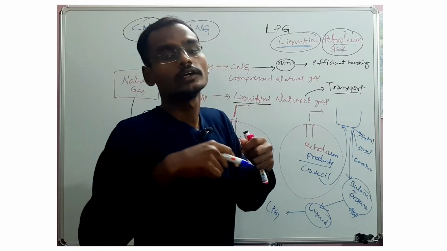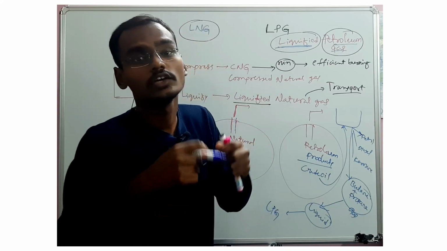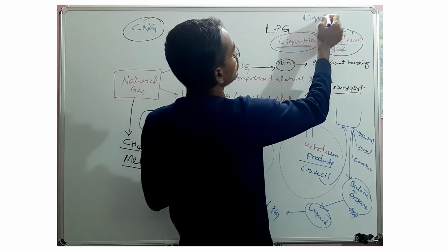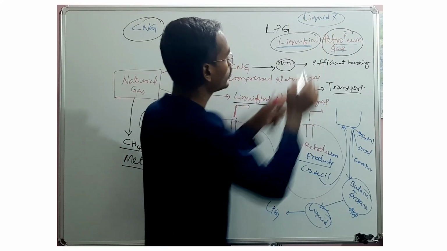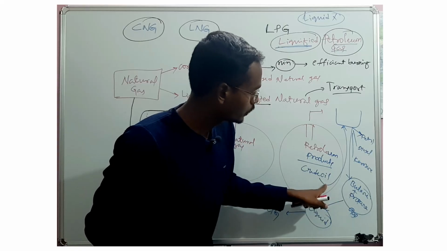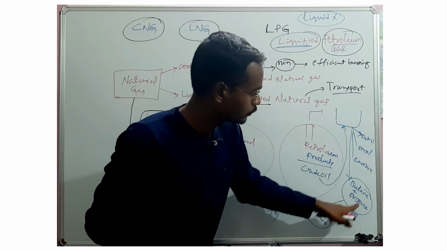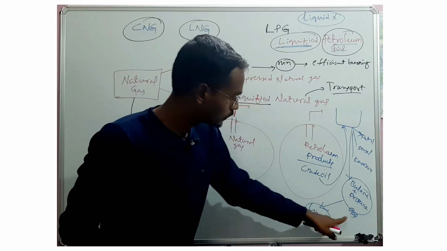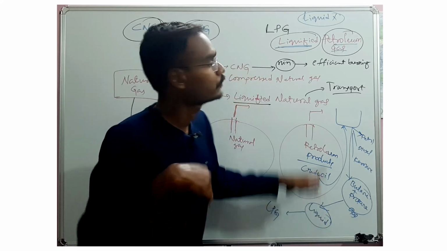It is not liquid petroleum gas. It is not a liquid we are getting after purifying the crude oil. Butane and propane are gases. After getting the gas, we turn that into a liquid. That's why liquefied.